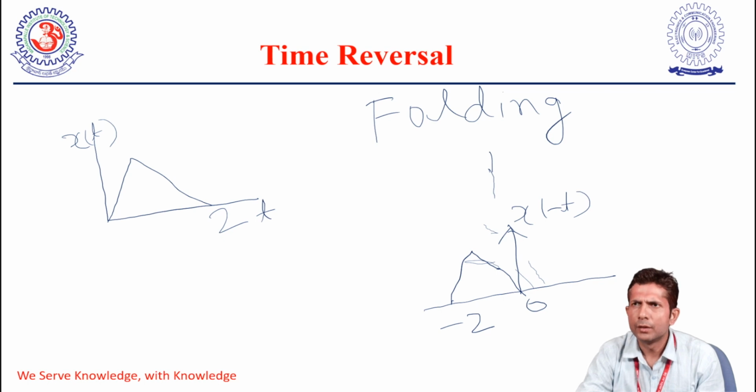Okay, you can see whatever was at the positive of the time axis has now come to the negative of the time axis. Previously the lowest value of the signal was touching at 2, now it is touching at minus 2. So in this way we can do the folding operation.